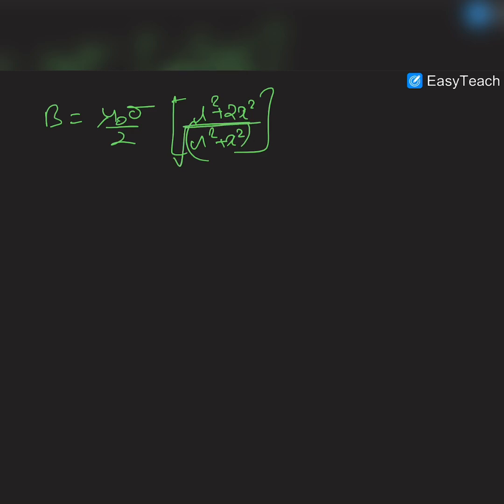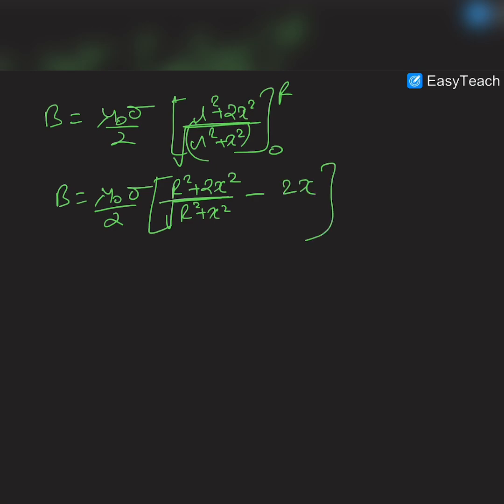So let us apply the limit 0 to r. So B will be mu naught sigma by 2, and in the numerator it would be r square plus 2x square, and in the denominator it would be under root r square plus x square, minus, if we substitute the value of r as 0, then it would be 2x. You can see that. So this will be the net magnetic field.